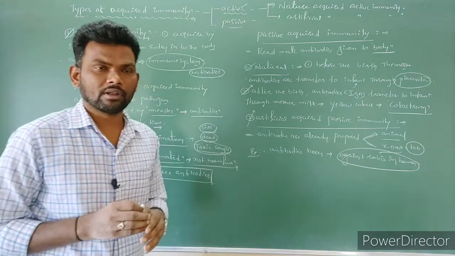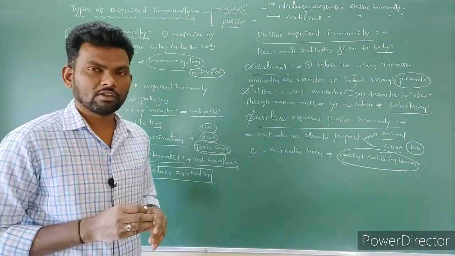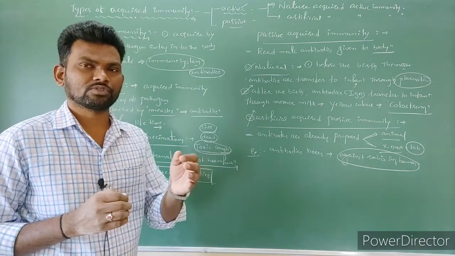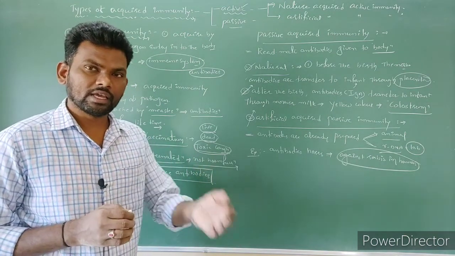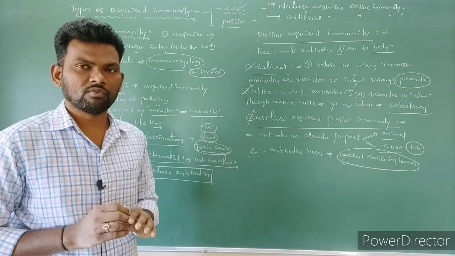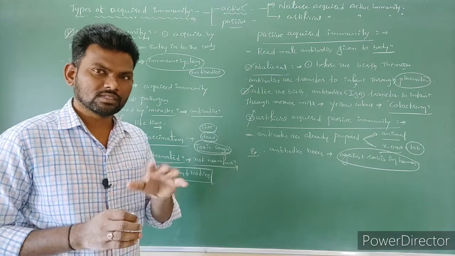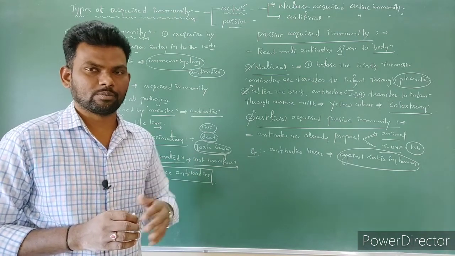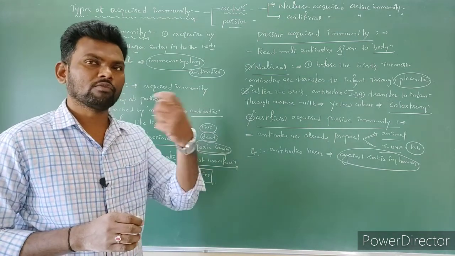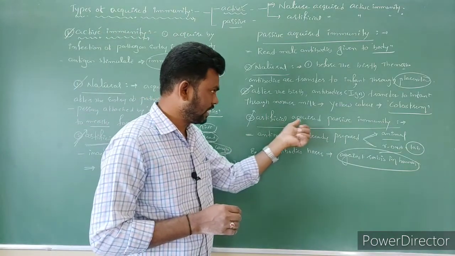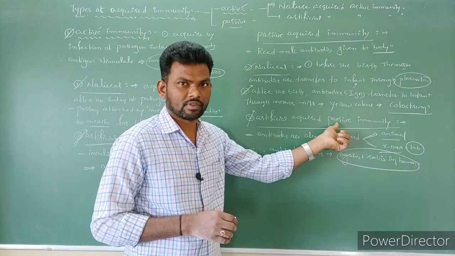In the second case, if you are suffering from high fever or any disease, the doctor gives antibodies directly. When we receive antibodies, within 3 or 5 hours the symptoms disappear, right? Receiving antibodies comes under artificial acquired immunity, right?